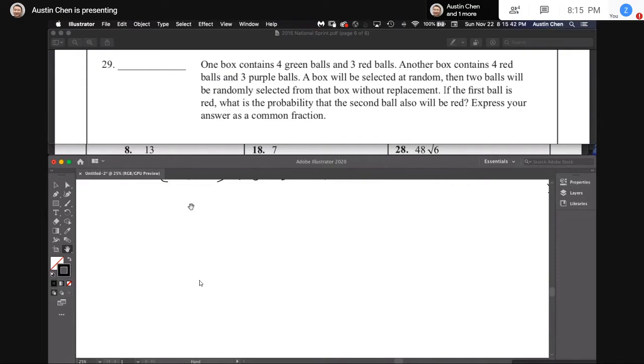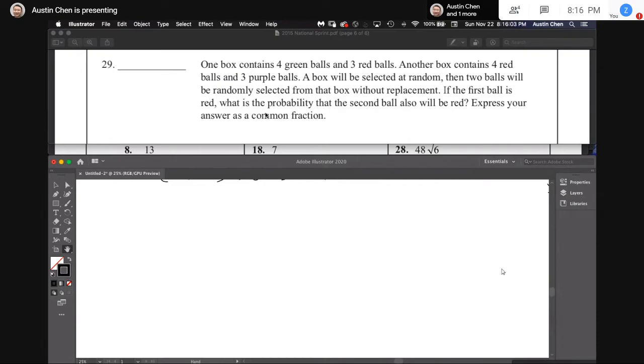All right. So we have 2 boxes. A box will be selected at random, and then we're going to select 2 balls out of that box. And we're given that the first ball will be red. And then we want to find what's the probability that the second ball will also be red.